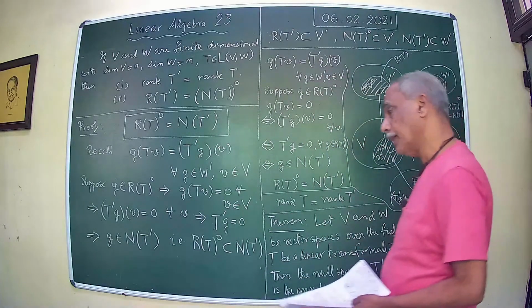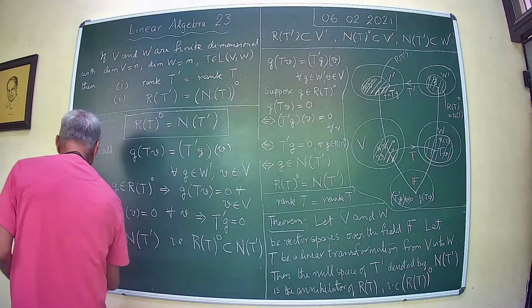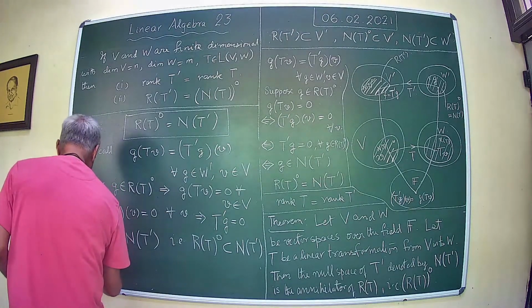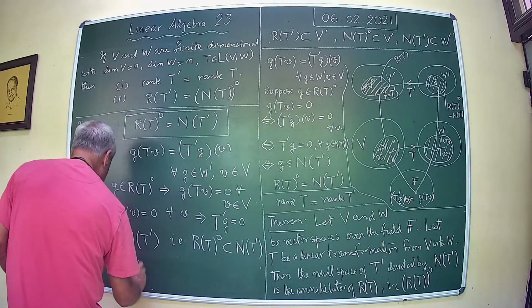Now we work backward. Suppose g belongs to N(T prime).